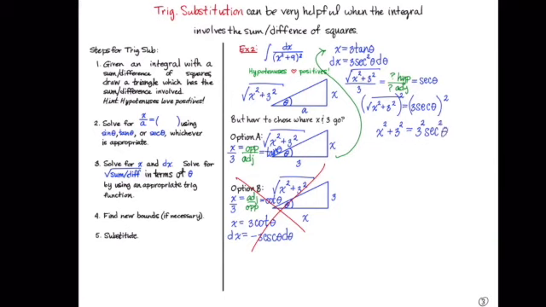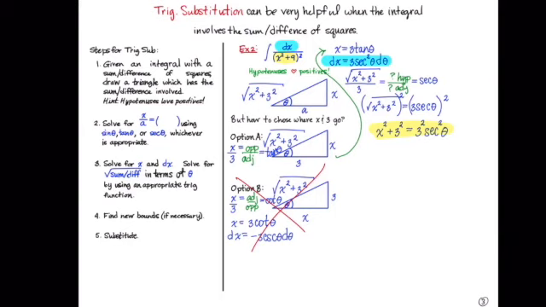And now we have all the pieces we need to substitute in for our integral. So in place of the x squared plus 9 in the denominator, we can substitute in the 3 squared secant squared theta. And in place of the dx in the numerator, we can substitute in 3 secant squared d theta. We never even used our x substitution because it's not involved in this integral.